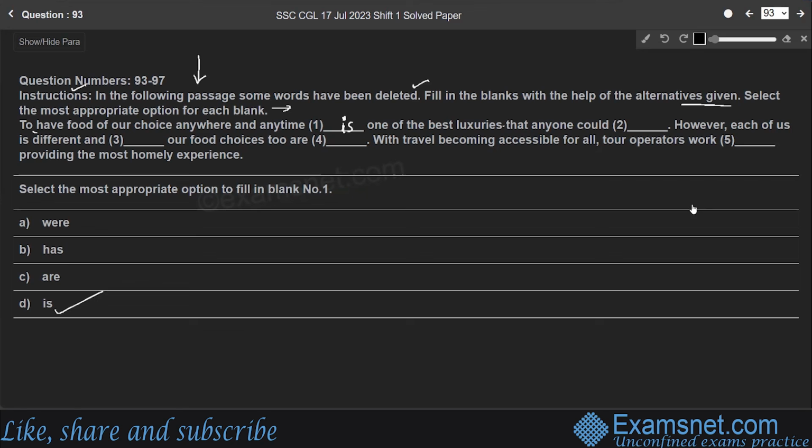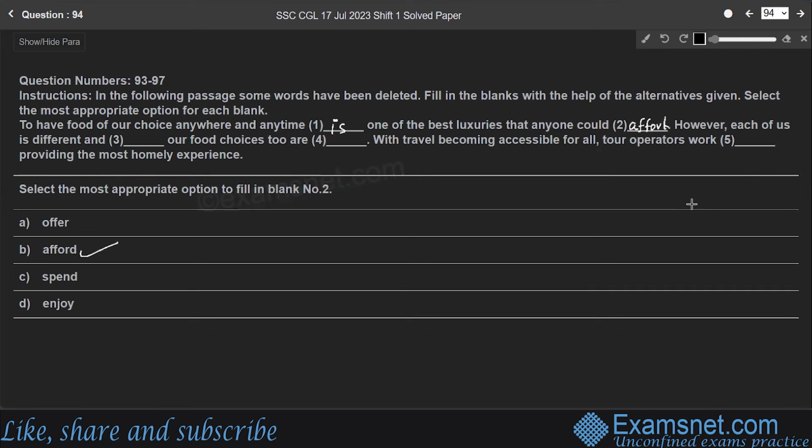So moving further, question 94. One of the best luxuries that anyone could dash. So here the proper word is afford. Anyone could afford, right? So afford means have enough money to pay for.